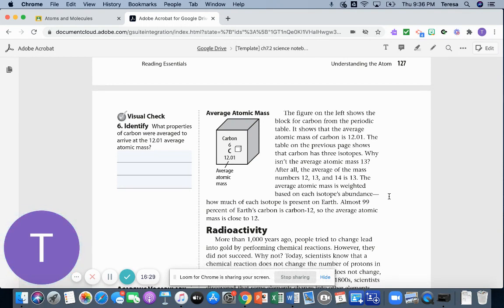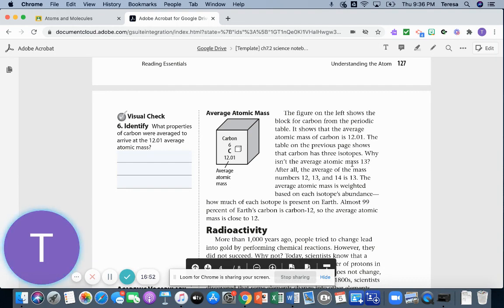Okay, next up, identify. What properties of carbon were averaged to arrive at the 12.01 average atomic mass? The figure on the left shows the block of carbon from the periodic table. It shows the average atomic mass of carbon is 12.01. The table on the previous page shows that carbon has 3 isotopes.